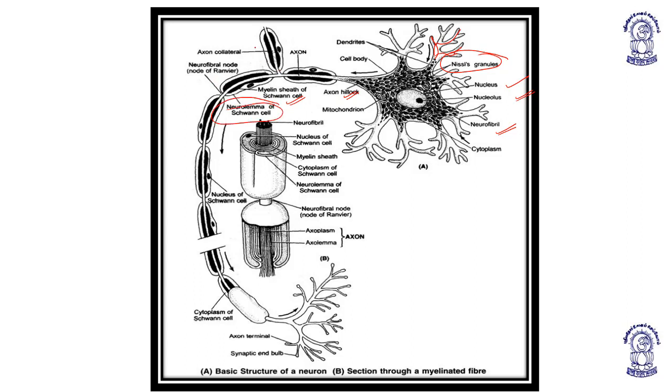When a nerve makes branching, it makes collateral axons. This process of making branches is known as what? Anastomosis. Collateral branches.